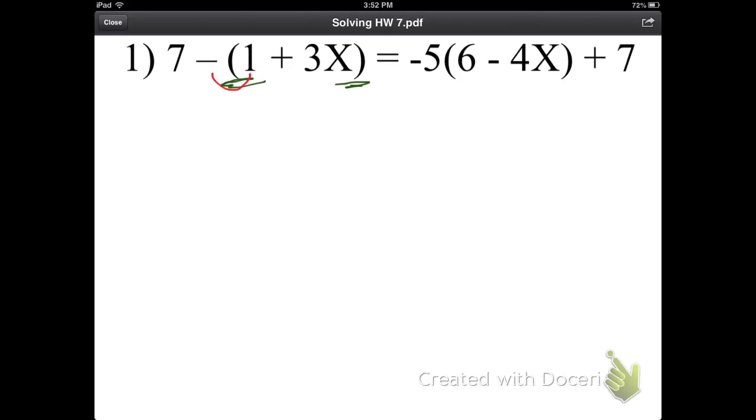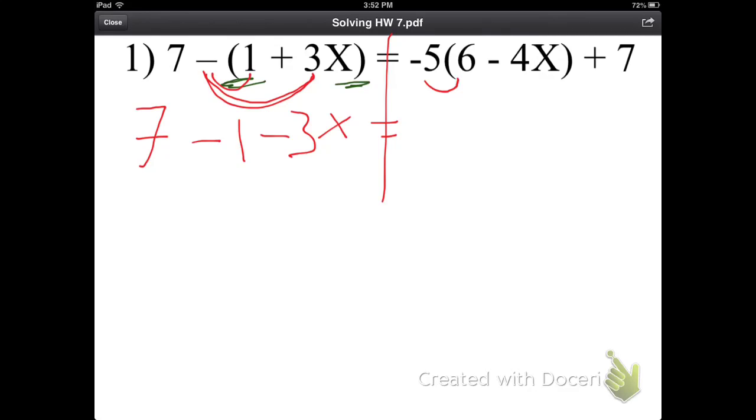So the negative times 1 gets you -1, so 7 minus 1, and then negative times 3x gets you -3x. Right side we got -5 times 6, which is -30, and -5 times -4x, which is positive 20x.